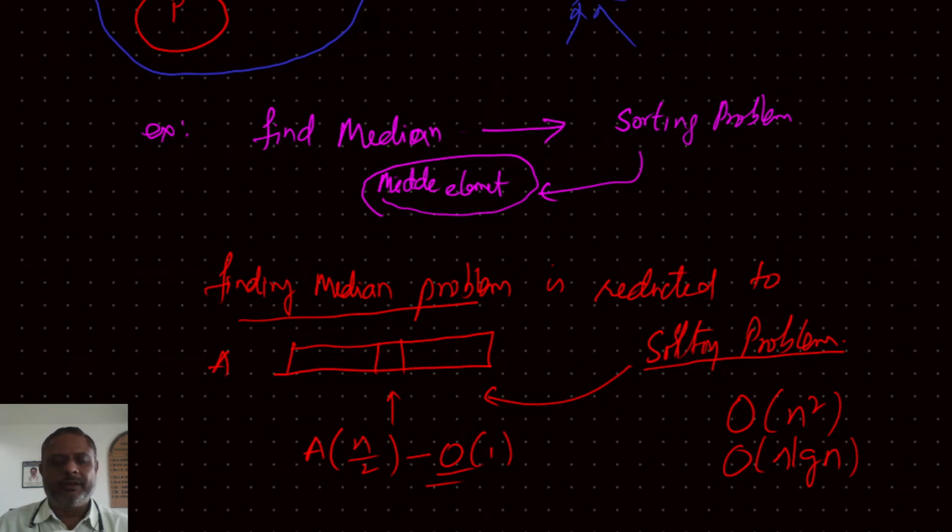So what I am trying to convince you of is, when one problem is reduced to another problem, the reduced-to side of the problem is more complicated to solve than the one from where it is reduced. This syntax is used, that the finding median problem is reduced to the sorting problem. So the right side is more complicated compared to the left side.